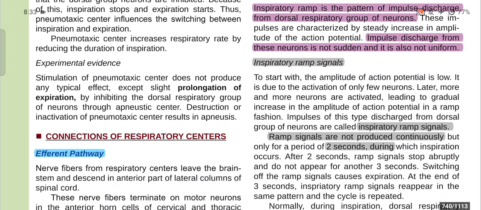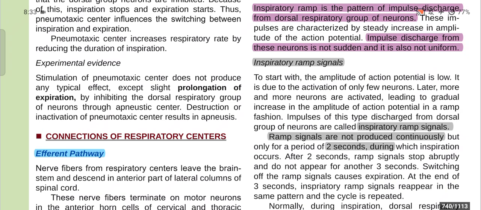When the ramp signal is produced for 2 seconds, inspiration occurs. After 2 seconds, the ramp signal stops abruptly and does not appear for another 3 seconds. In these 3 seconds, when the ramp signal is not coming, the expiration part of respiration is occurring. So in the first 2 seconds, when the ramp signals are coming, inspiration occurs, and in the later 3 seconds, when the ramp signals are not coming, expiration occurs.